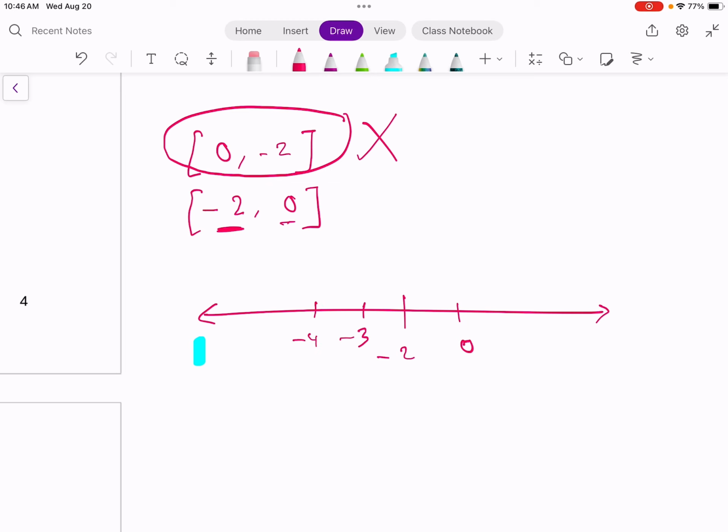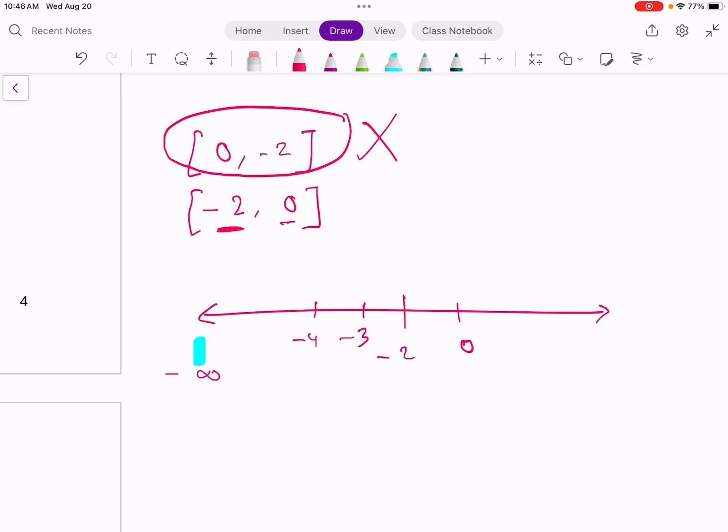Now if you keep writing on the left, how do we represent a number on the left? It's going to be a very small number, right? So it's not possible to write every number. So in that case, to represent that very small number, we use -infinity. So -infinity is the notation for the very small number.